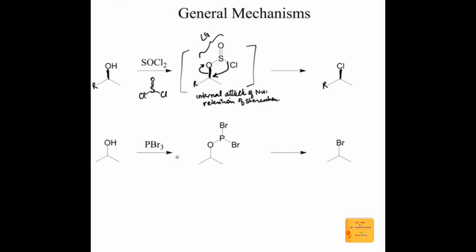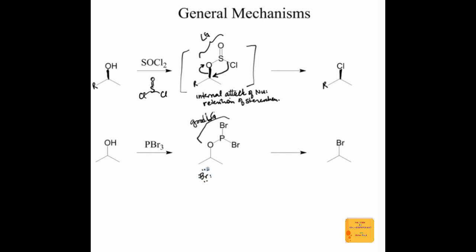Okay, if you have a phosphorus type reagent, again, the first thing that happens is the phosphorus is going to react with the oxygen to make a good leaving group. So this is another good leaving group. And then it's also going to be the source of bromide, we displaced the bromide from this phosphorus, so the bromide is still around.